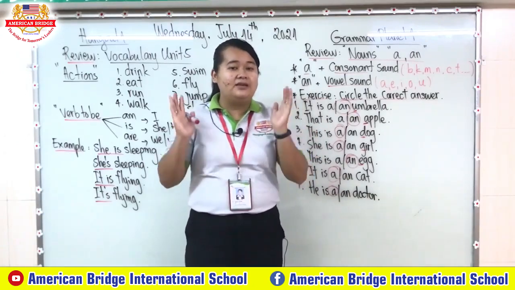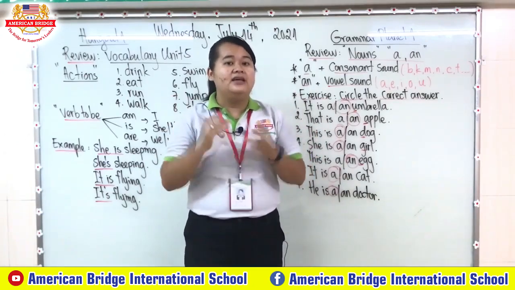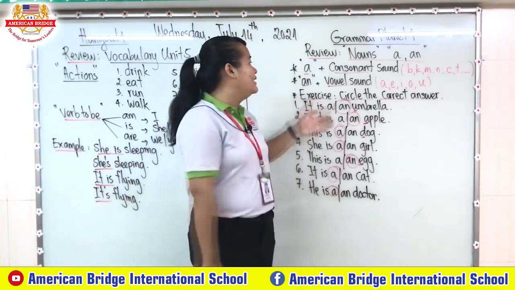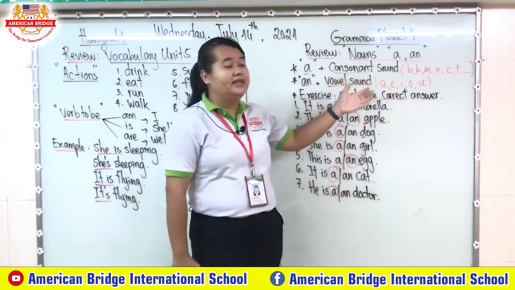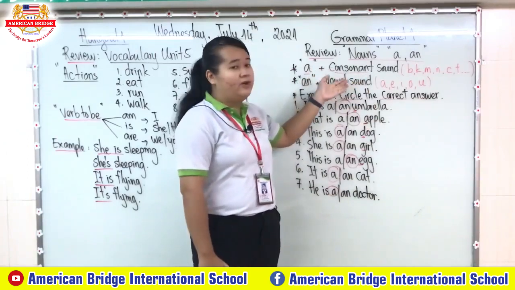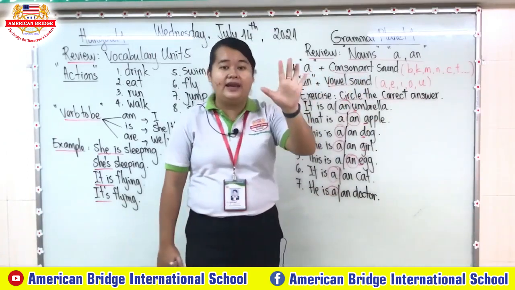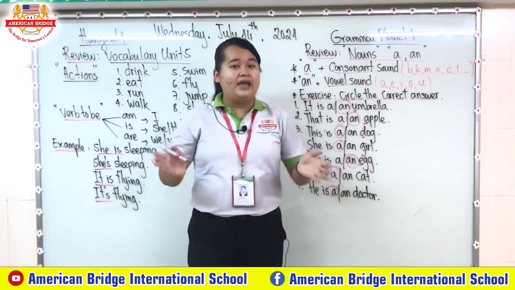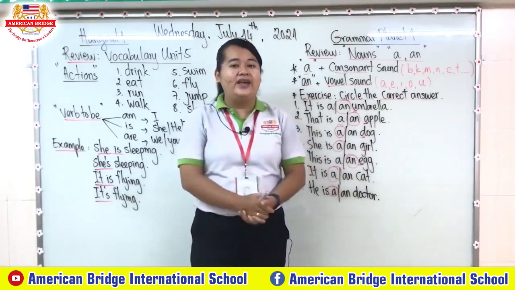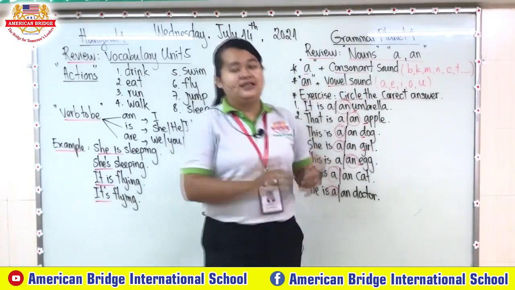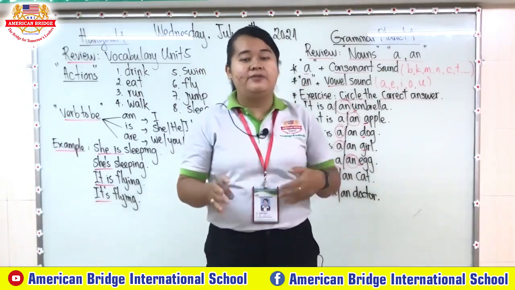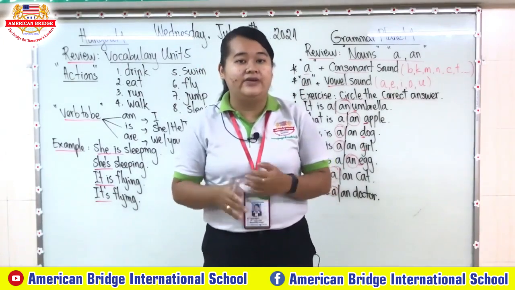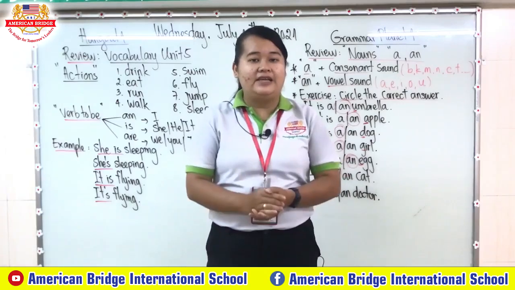And one more thing you need to remember again, that teacher informed you already that we use a with consonant, and you use an with vowel sound, that we have 5 letters: A, E, I, O, U, right? So now it's time for our last session today, and teacher will provide you the homework after this video, and don't forget to do it, right?